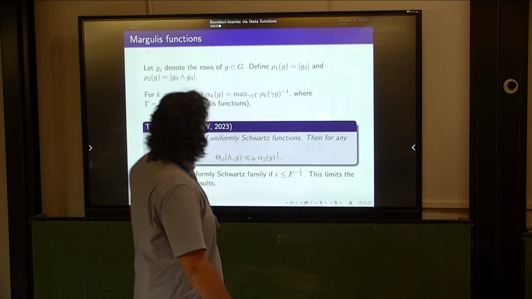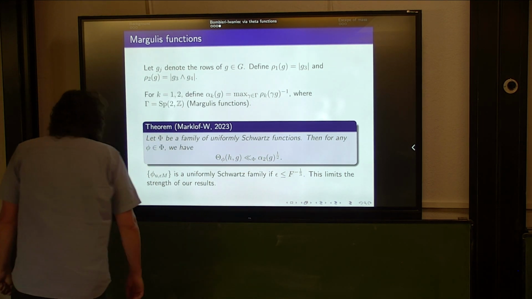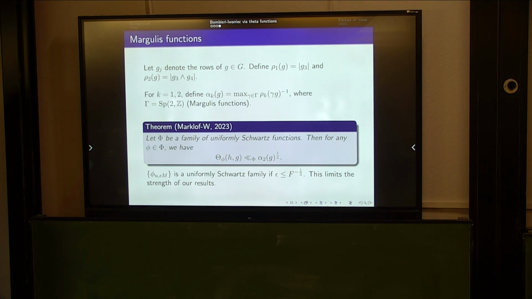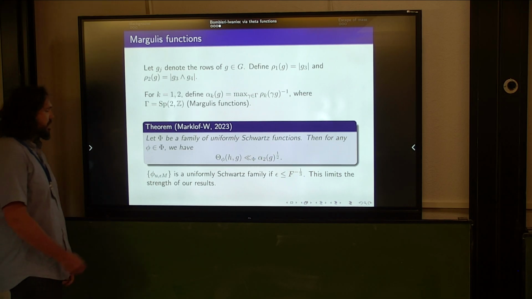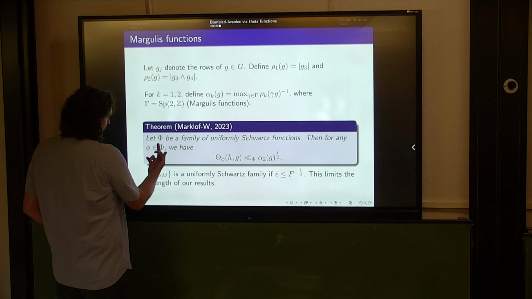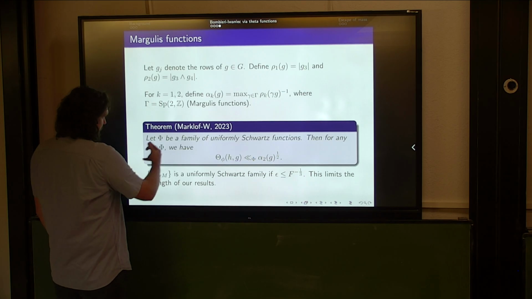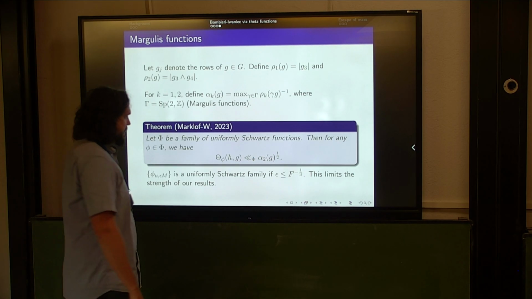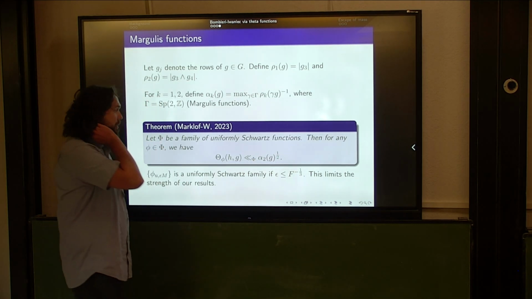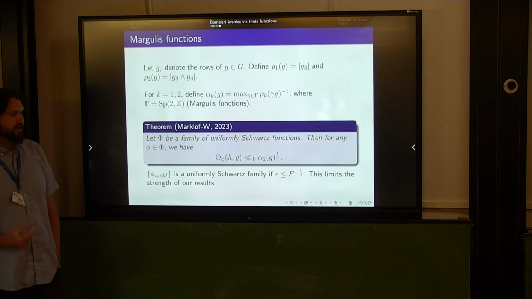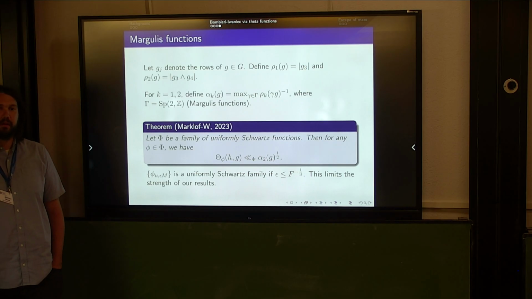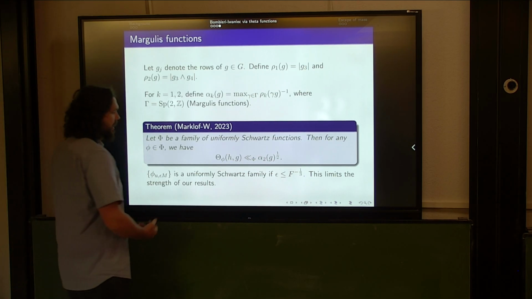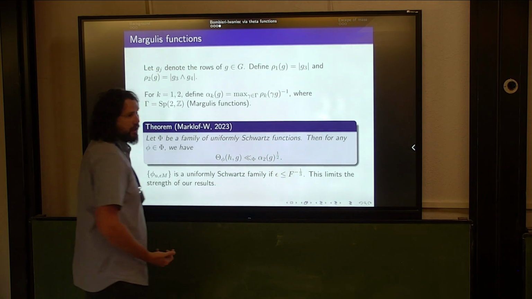But I think the key takeaway here is this uniformly Schwartz condition, and that this family of functions phi that we use in our theta functions, because of this extra phase coming from the remainder term of the Taylor expansion, forces us to choose our epsilon carefully.